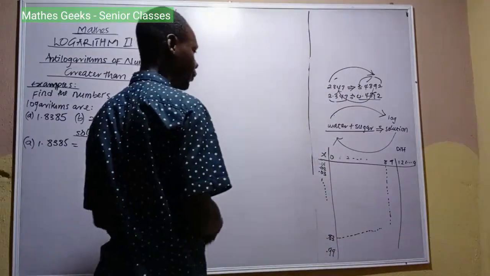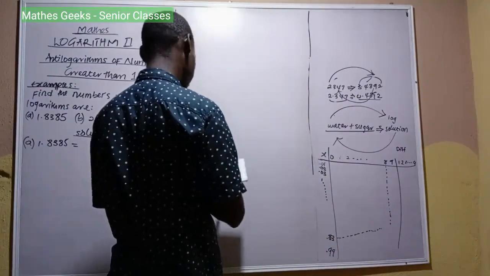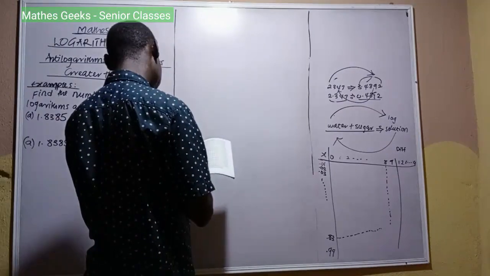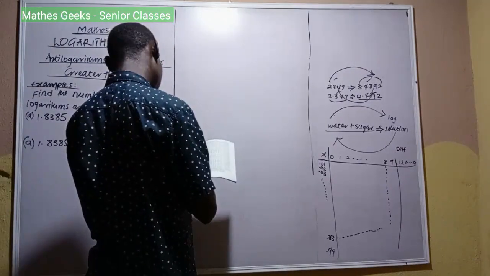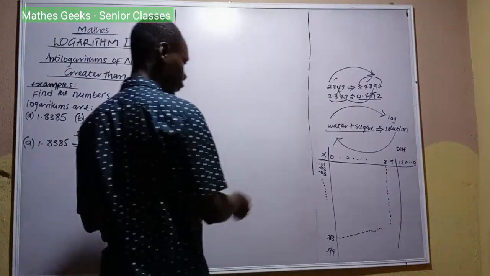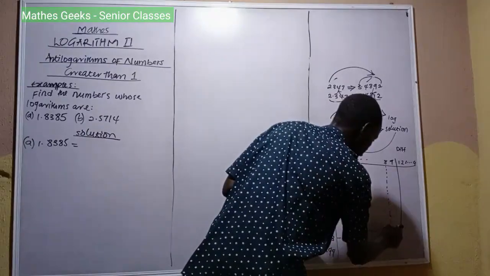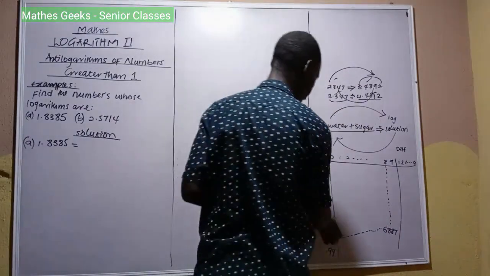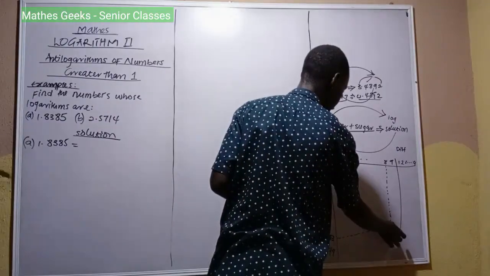Let me look at my table. So 0.83 from our anti-logarithm table gives us 6887. So the value of 0.83 is 6887.